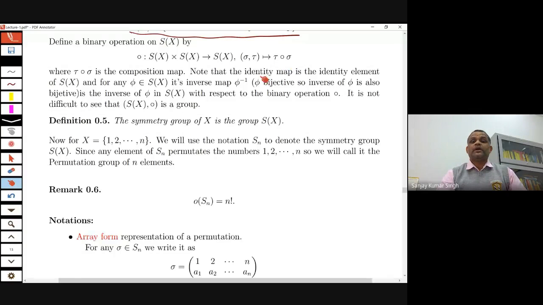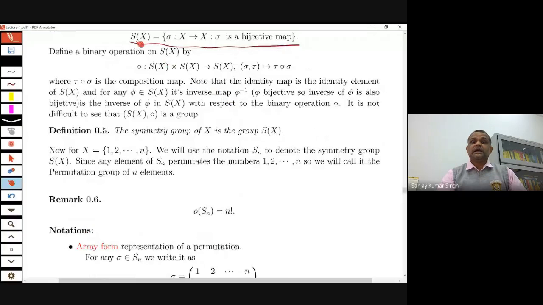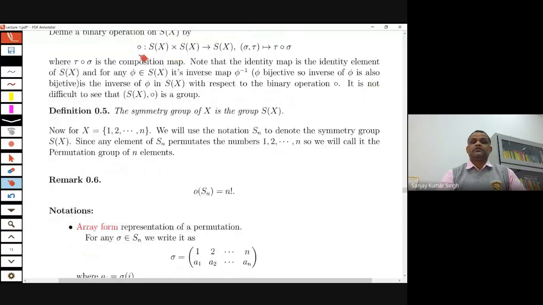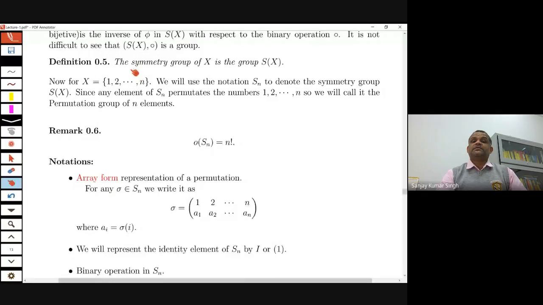And with respect to this binary operation, it is very easy to check that this operation is giving you all the properties of a group, and hence we get that this set is a group with respect to this composition, and we call it the symmetry group of X. So now the definition of symmetry group of X is very clear.